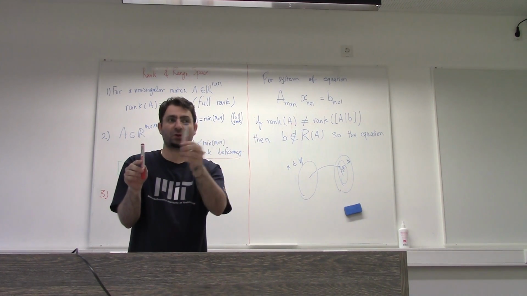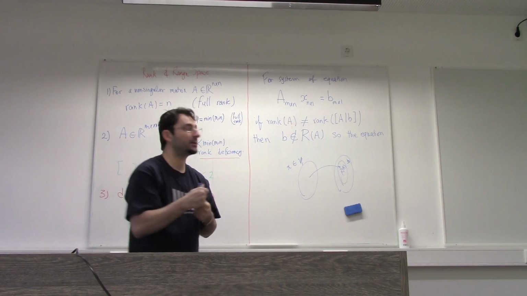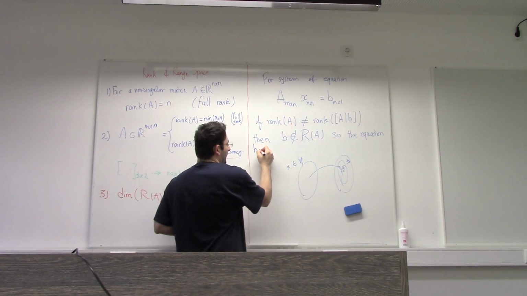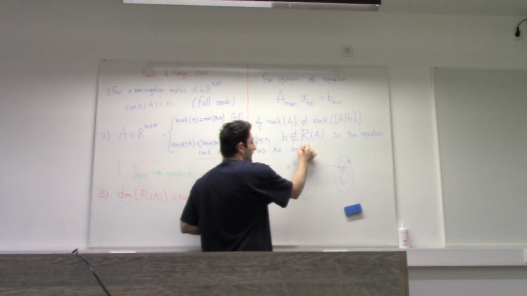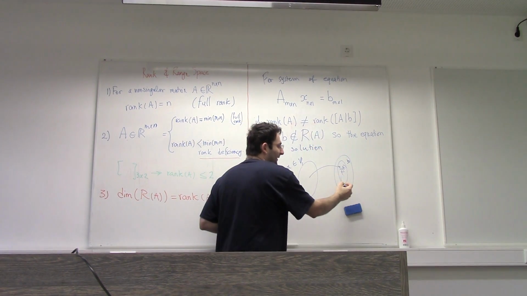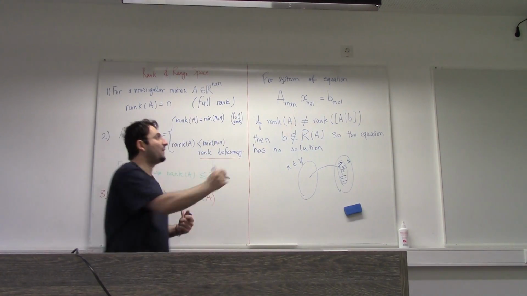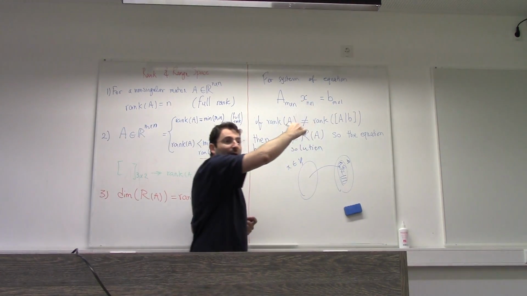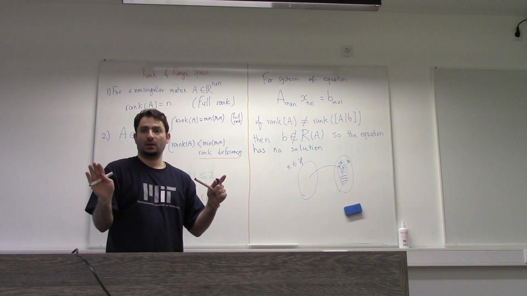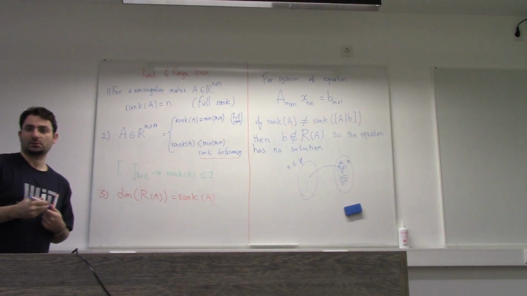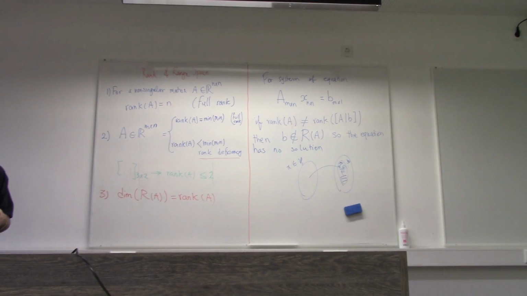No. So the equation has no solution. Why? Because it only takes us to RA, but B is not in RA. And we want X to go to B, but A does not go to B. So there is no solution.